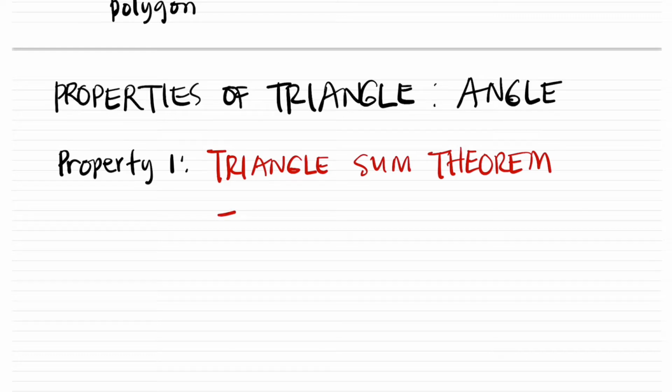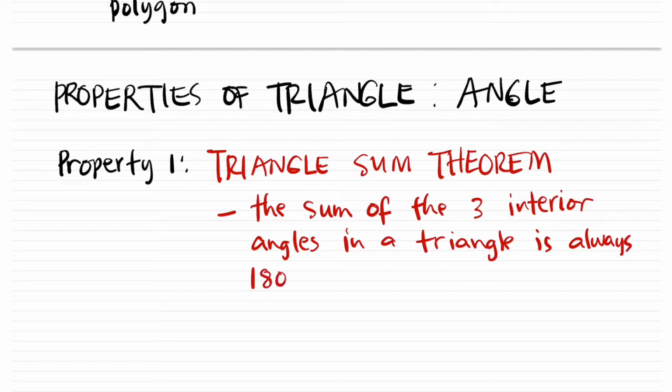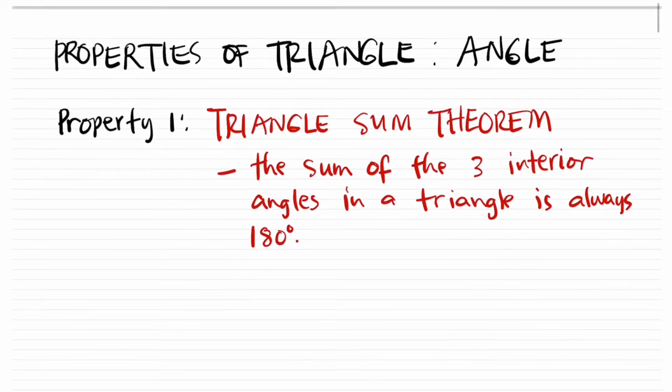It means that the sum of the 3 interior angles in a triangle is always 180 degrees. Okay, that's the first property.